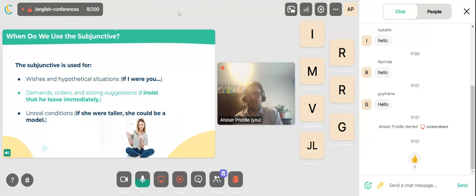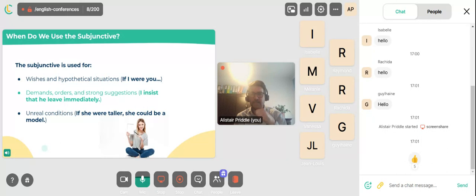So when do we use the subjunctive? The subjunctive is used for wishes and hypothetical situations. If I were you. The subjunctive is used for demands, orders, and strong expressions or suggestions.